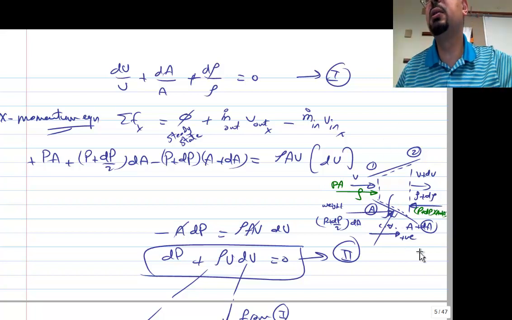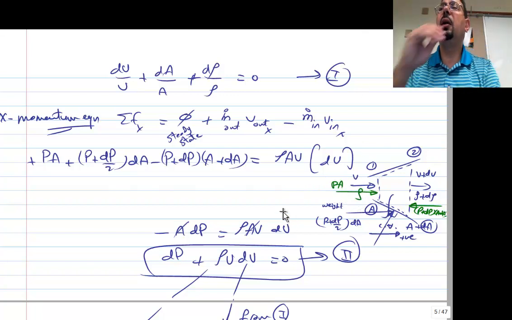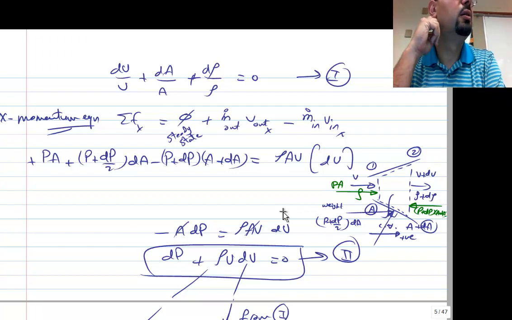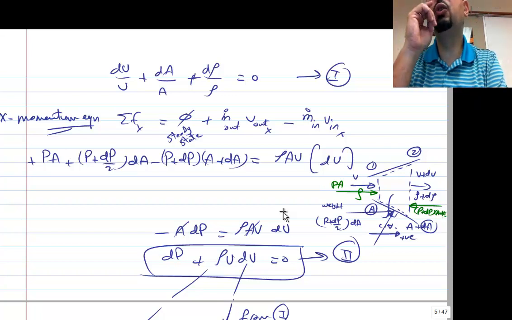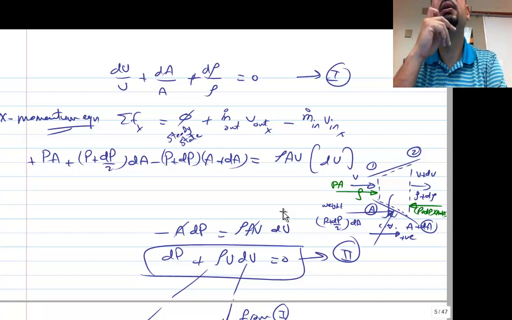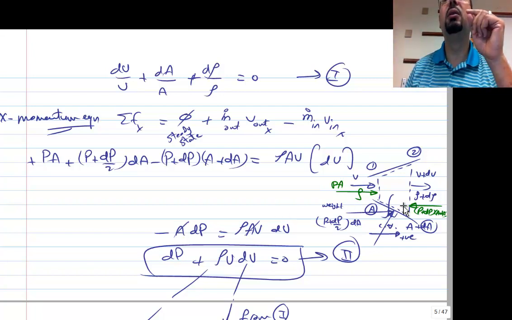Any other forces? Anything else? Friction or something on the wall? Or constraint? No friction, right? There is no friction. So what else is there? Pressure. Pressure in the middle.